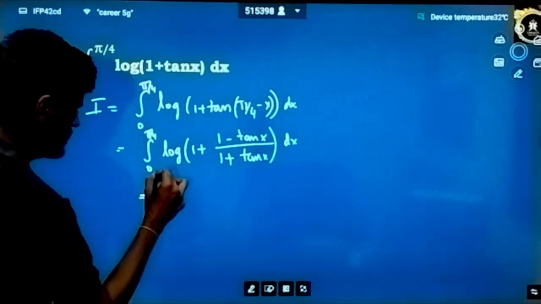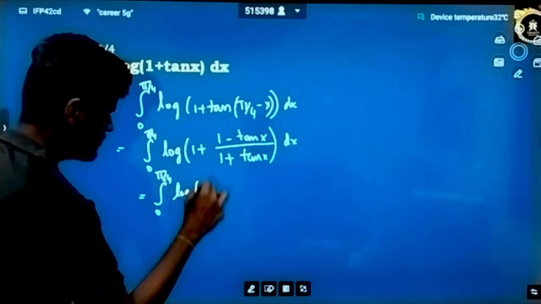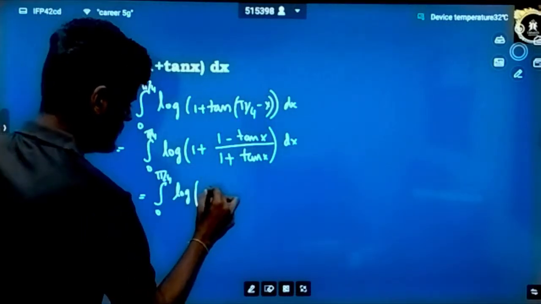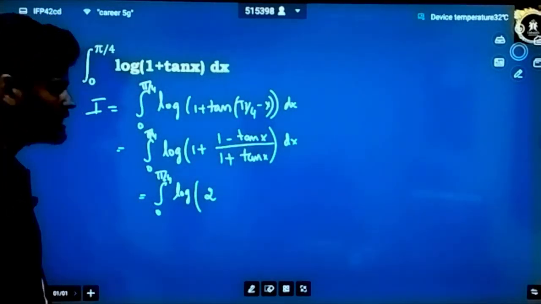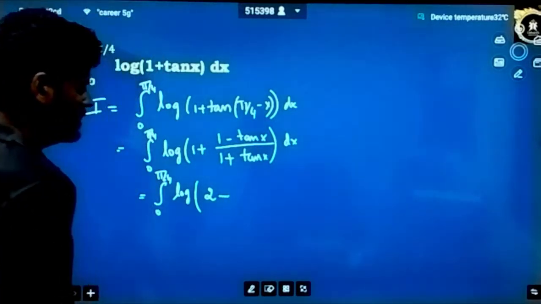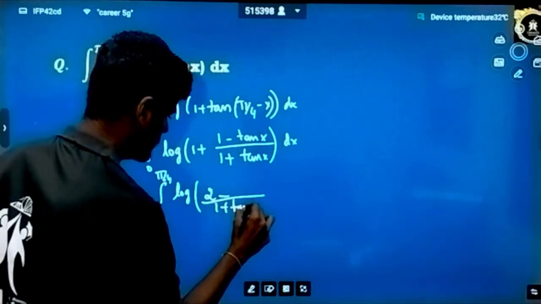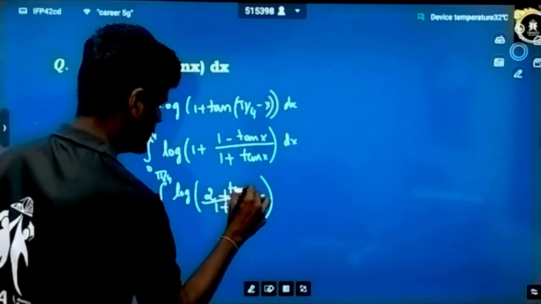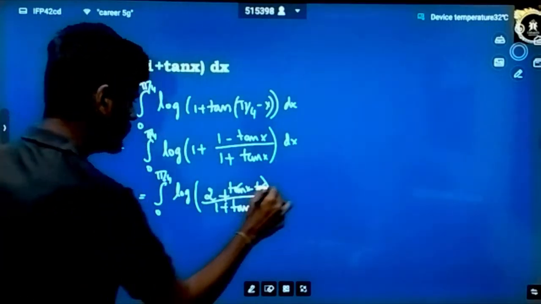Now we will get integral between 0 to pi by 4 log of, this value is 1 plus tan x plus 1 minus tan x, that is 2, plus tan x minus tan x will get cancelled, divided by 1 plus tan x, into dx.